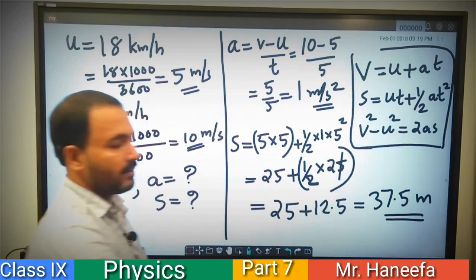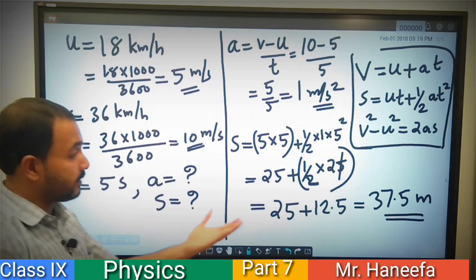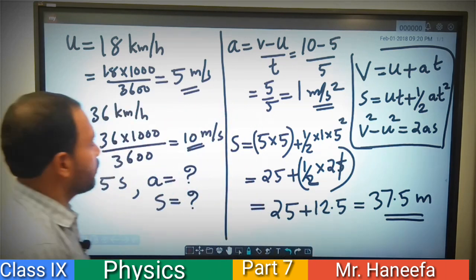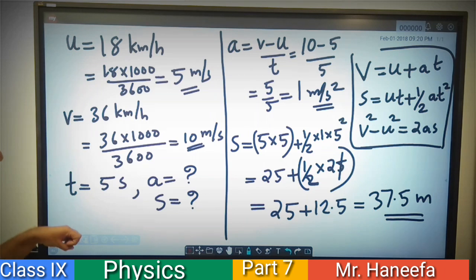So the distance covered by the car is 37.5 meter.